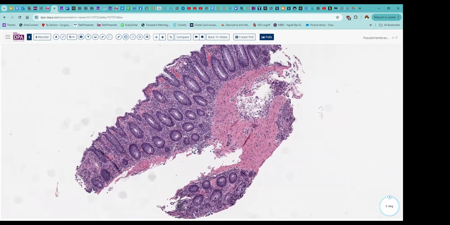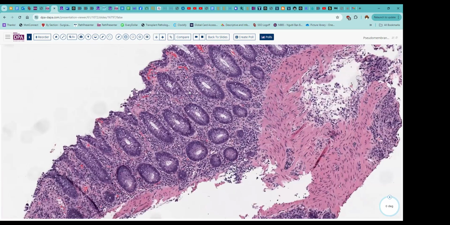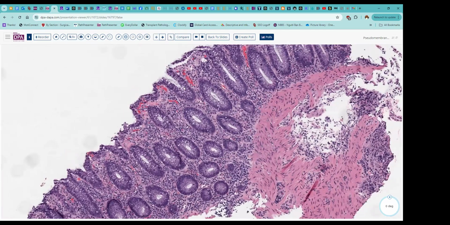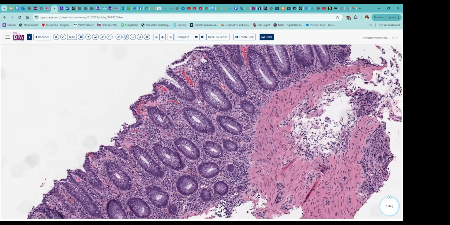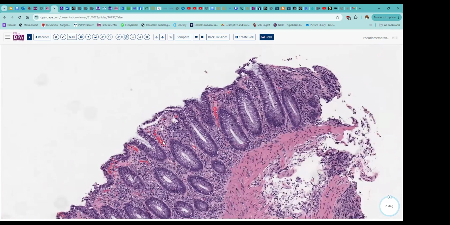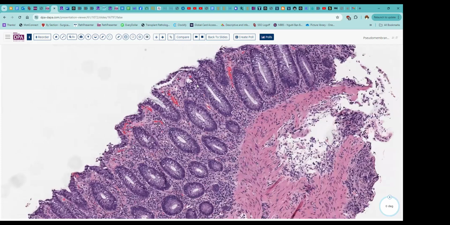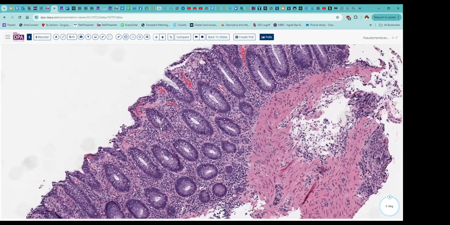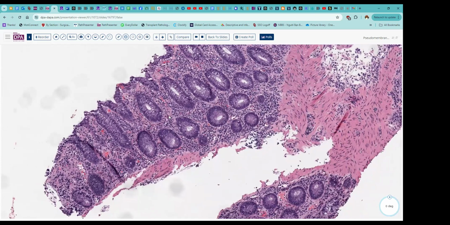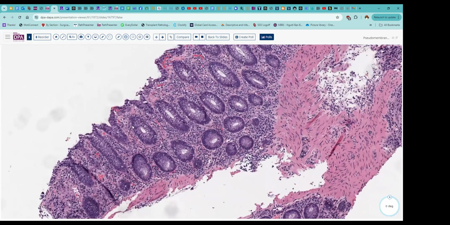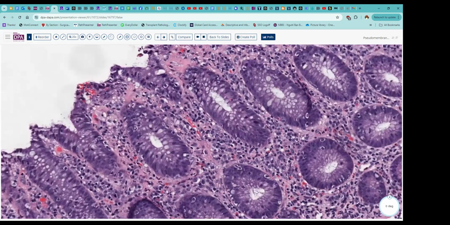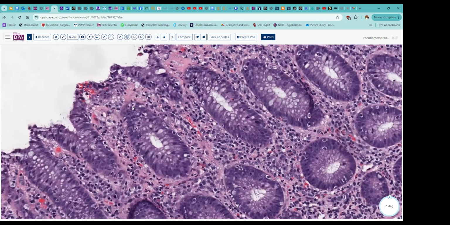And that may be more likely than a very dramatic toxin-related colitis, because we don't see the withering, destructive appearance in the deeper portions of the glands. So this could be either collagenous colitis with some superimposed inflammatory changes on the surface, or a toxin-related colitis.